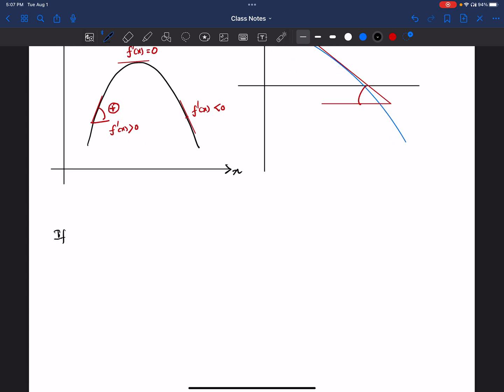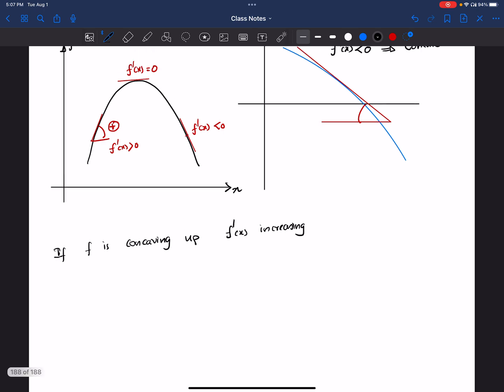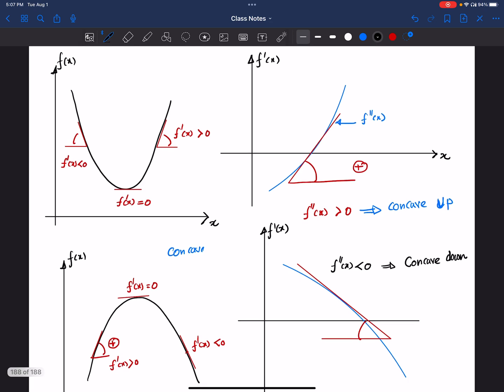So if f is concaving up, f prime of x is increasing. See this graph, the blue curve is f prime of x. It is increasing, starting with negative, becomes 0, and goes to higher values.